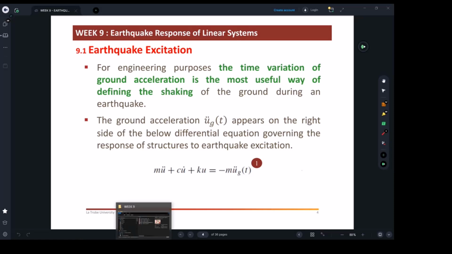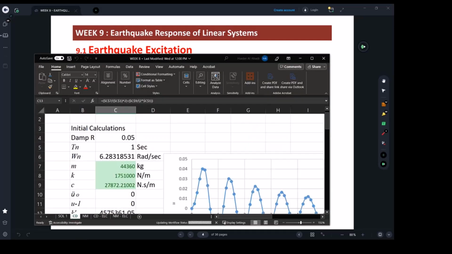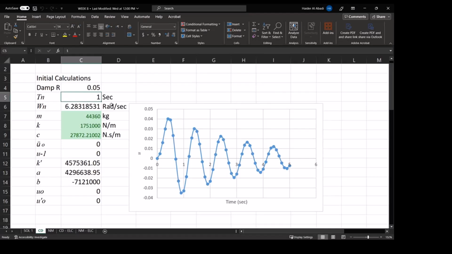Let me open the file just to help me talk about what we did. You all should have been doing it. I'm just opening the Excel file that I've developed. What we've done so far, we have assumed a particular time period, and we've selected it from the example to be 1.